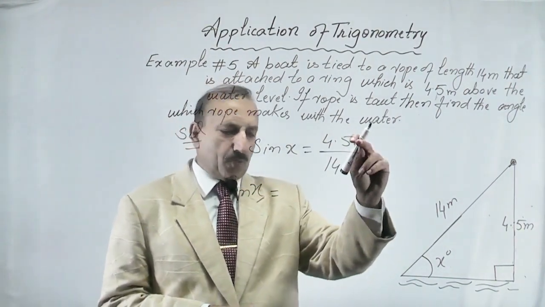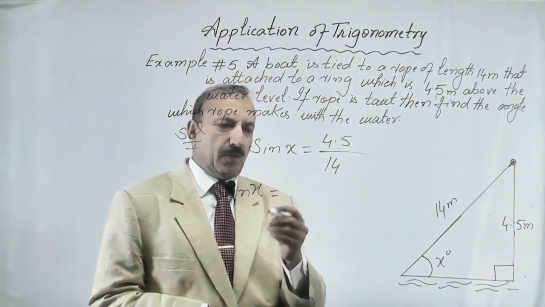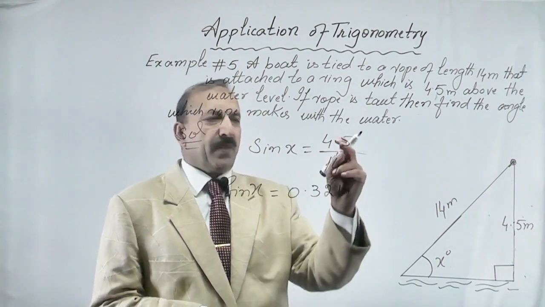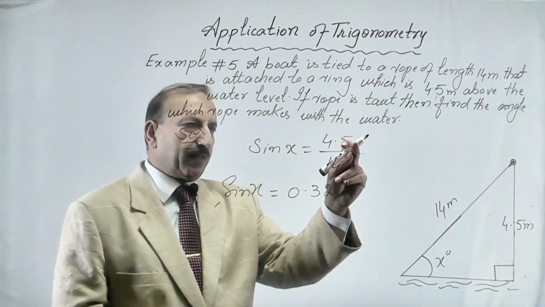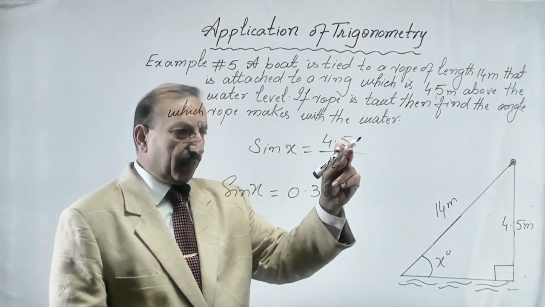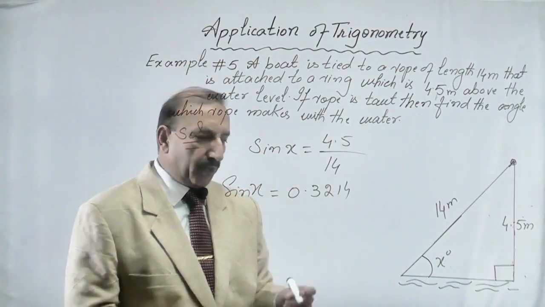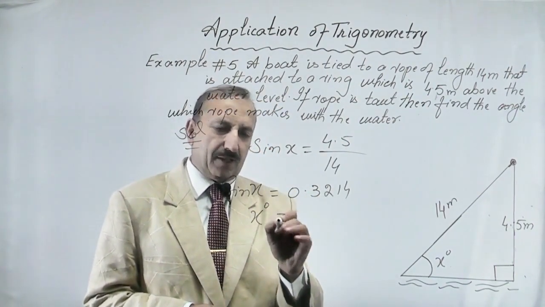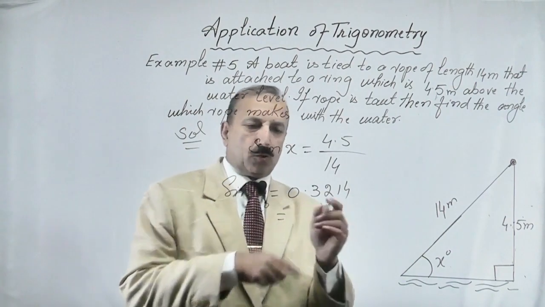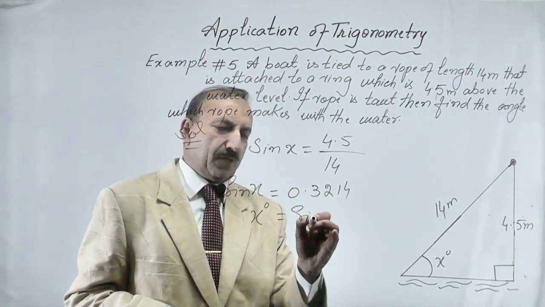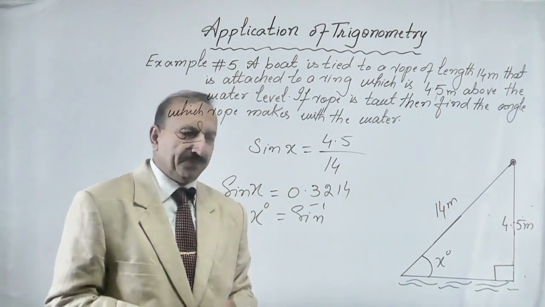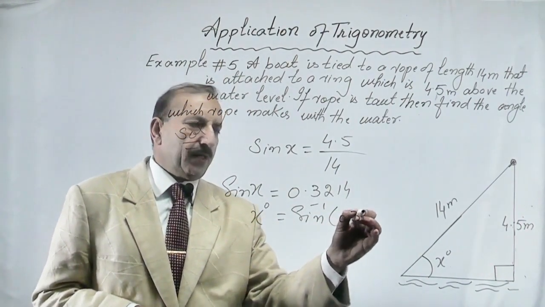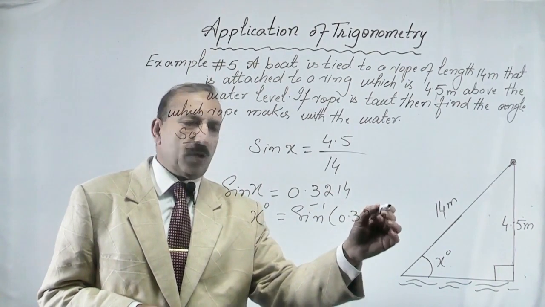When we divide 4.5 by 14, we get 0.3214. With the help of calculator, divide this number by 14 and you will get 0.3214. And then, because our focus is to find this angle, we transfer this trigonometric ratio to the other side. This will be sine inverse of 0.3214.